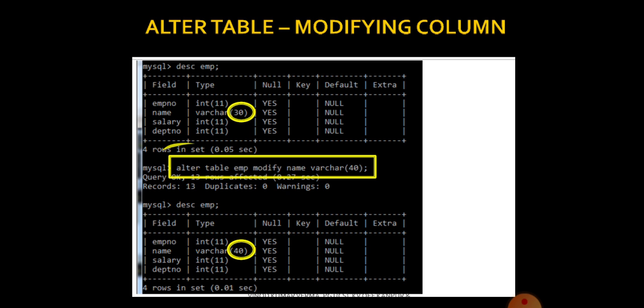So after giving this query, you will get the table description where 30 is changed into 40. So if we want to change the data type, size or constraint of any of the columns, we need to use the modify clause along with the alter command.